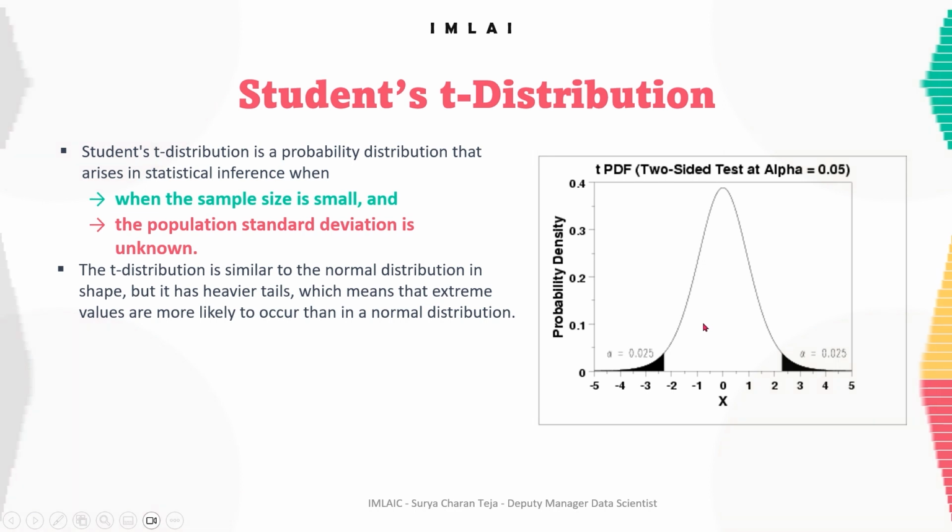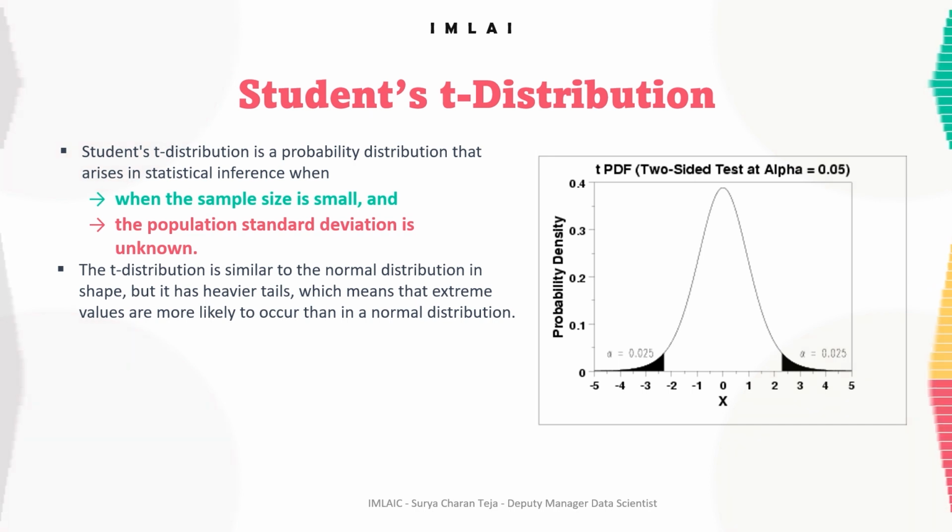So that means the extreme values would be a little higher compared to the normal distribution. That is the main difference between the normal distribution curve and the students t distribution curve. The extreme values are more likely to occur in t distribution than in the normal distribution.